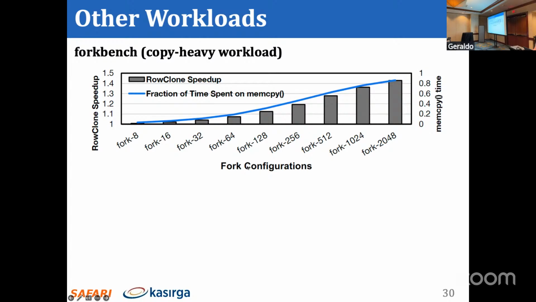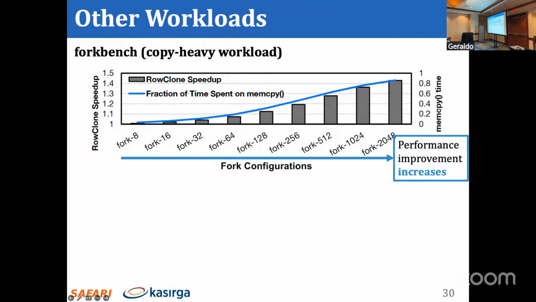We observe that as the fraction of time spent on copy operations increases, indicated by the blue curve, the speedup also increases, which is something we would expect. And it goes up to 42.9% for the fork 2K configuration.